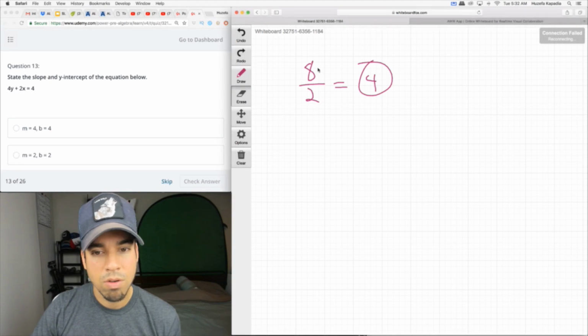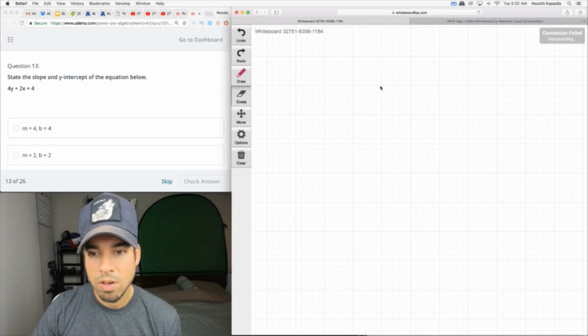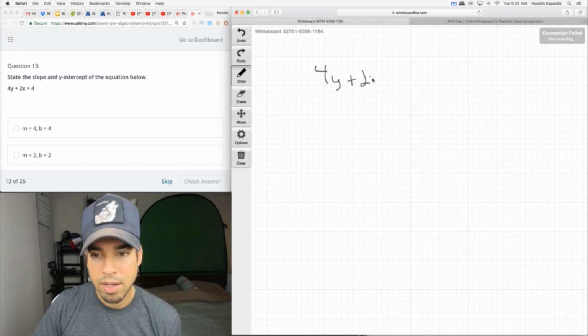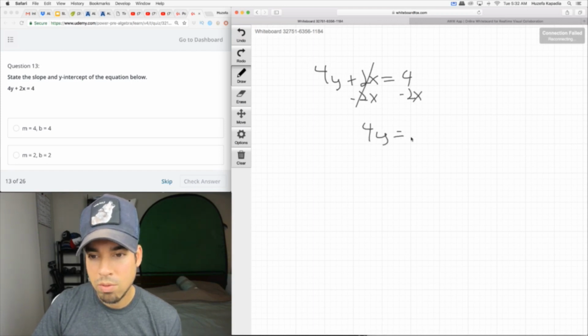Now, to state the slope and y-intercept here, we need to isolate y. So we need to get y by itself. So 4y plus 2x equals 4. Now I'm going to subtract 2x from both sides. We've got 4y equals -2x plus 4.